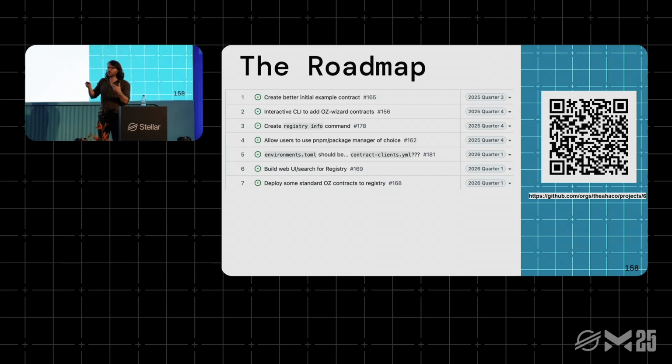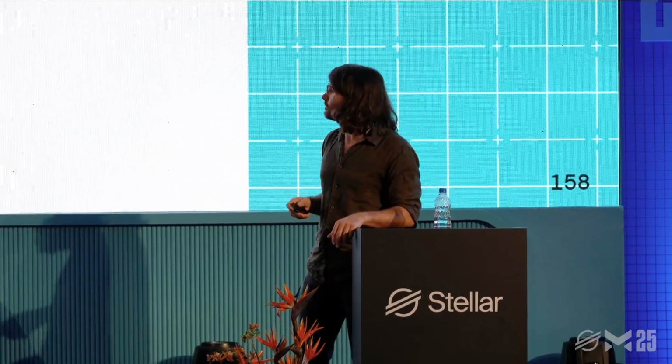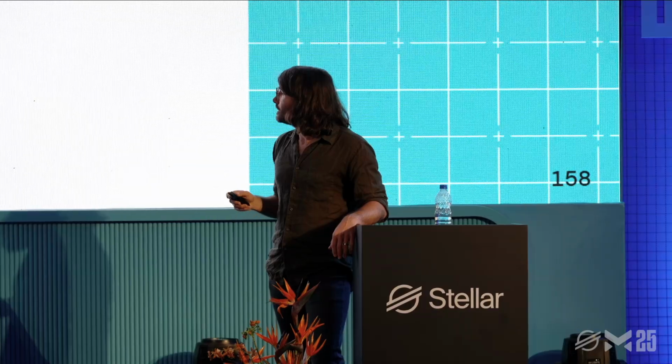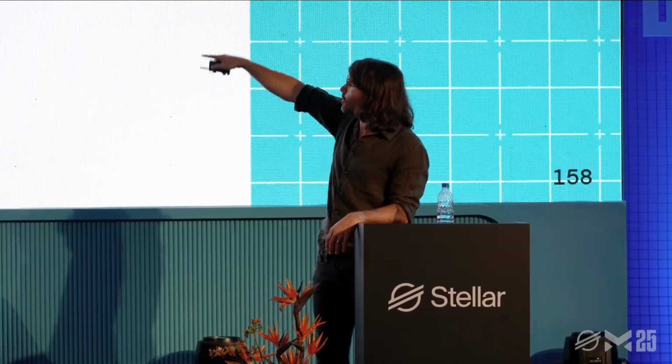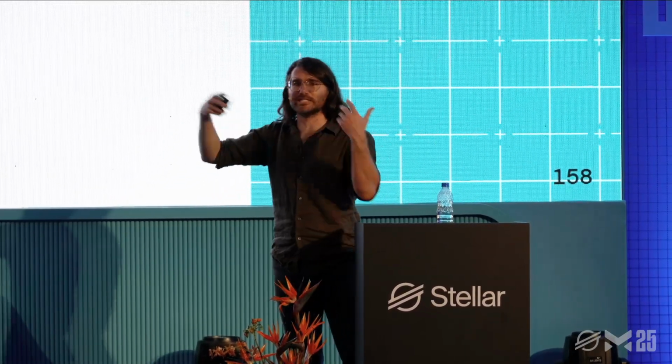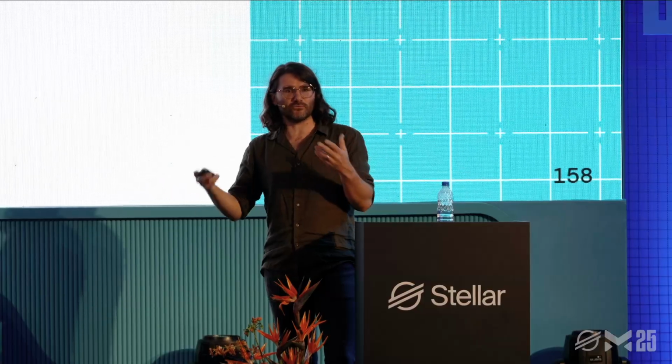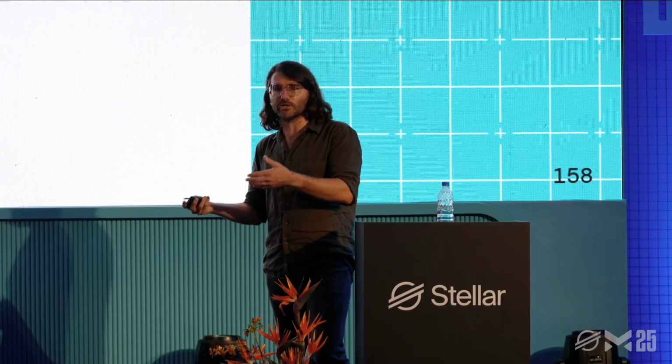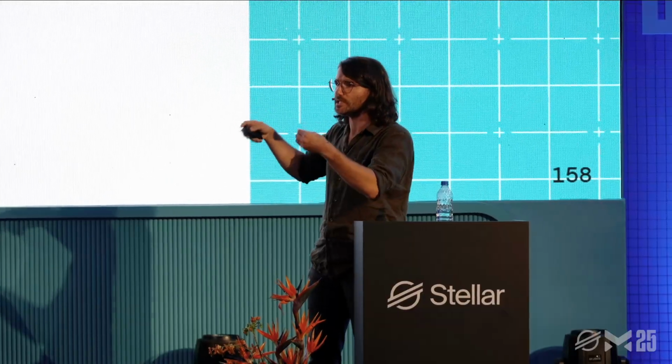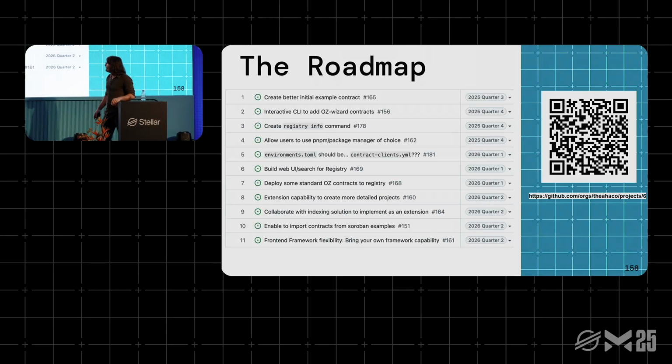And then we also want to build a web UI, a searchable web UI for the registry. It doesn't do much if you can't search for WASM binaries on it. We will also maintain the Open Zeppelin contracts on it, so you don't need to download the boilerplate from Open Zeppelin Wizard or copy and paste code into your project. You can just use the ones that are already in the registry.